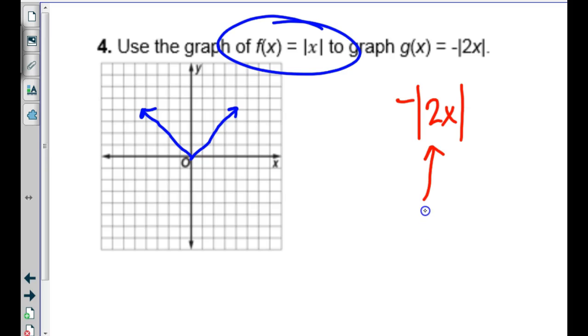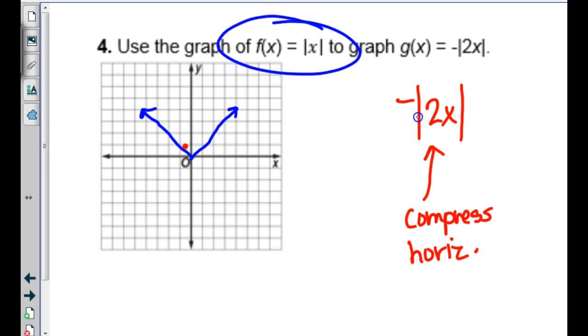Compress, yes. Shrink or compress, which way? Inside is horizontally. Okay, so it's changing x values. So at 1, it's only going to go over half as far and then up 1.